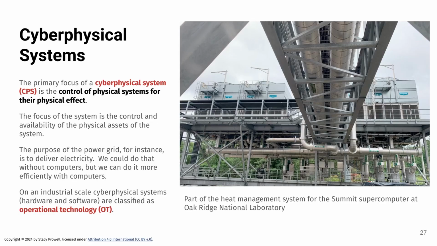This is part of the heat management system for the Summit supercomputer located at Oak Ridge National Laboratory. It's a big system. It produces a lot of heat, and this is just part of the system for managing that heat. It's actually a very efficient system. It can run stuff around a loop to cool it down.